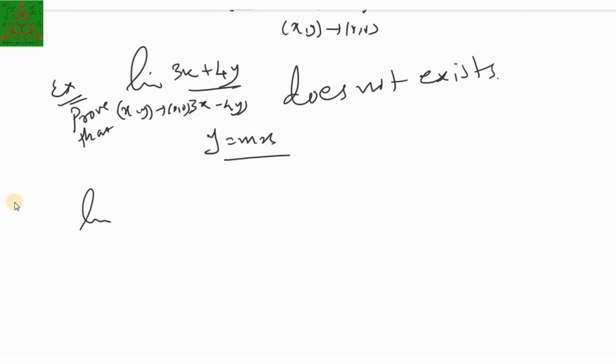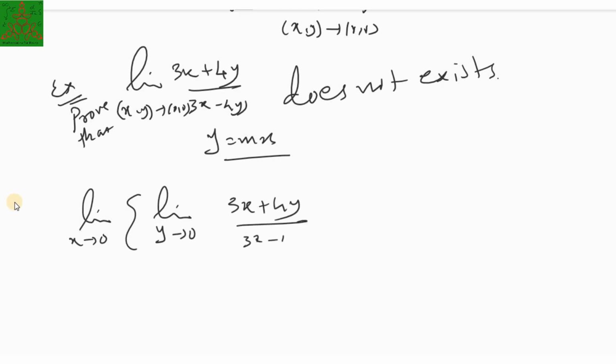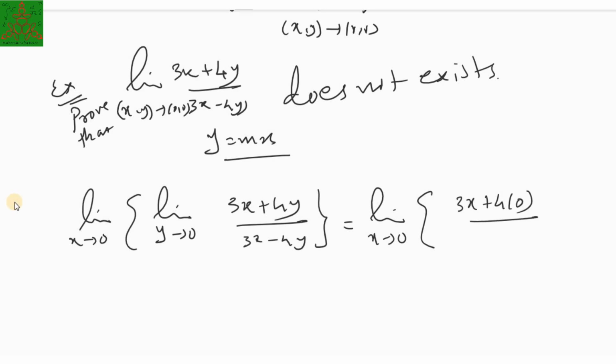Take the limit x tends to 0, y tends to 0, of (3x + 4y)/(3x − 4y). That is, taking y as 0, it is 3x plus 4 into 0 upon 3x minus 4 into 0, so that gives 3x upon 3x, and that gives the answer 1.